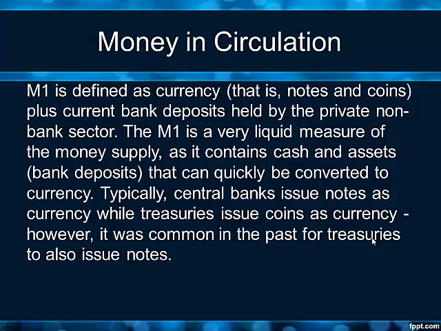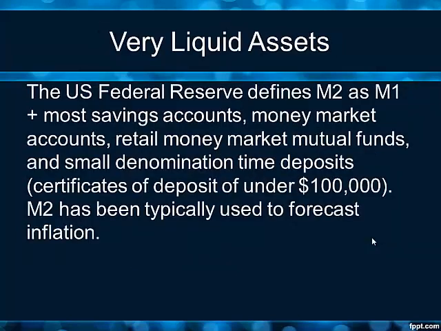But both of them act like money. As long as people trust that this will be paid, then it's just as good as cash. So the second level, we have M2. This also includes savings accounts. Now, a checking account is also called a current account.